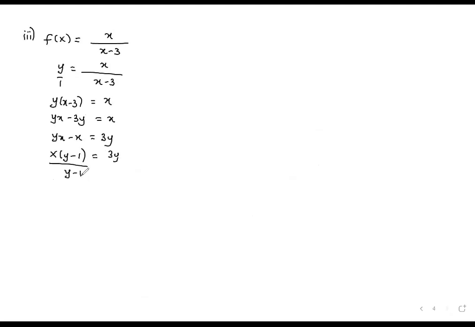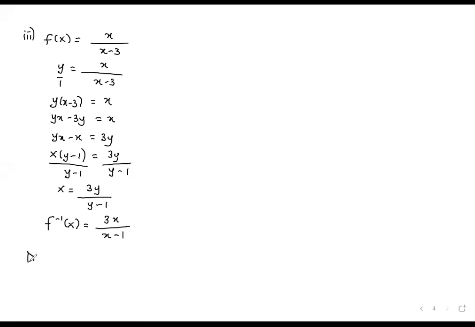Divide by y minus 1, divide by y minus 1. So x is equal to 3y over y minus 1. That is f inverse of x is equal to 3x over x minus 1.